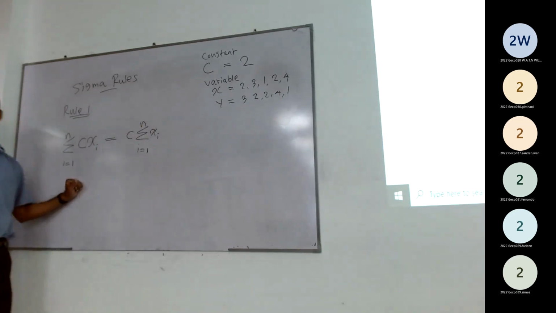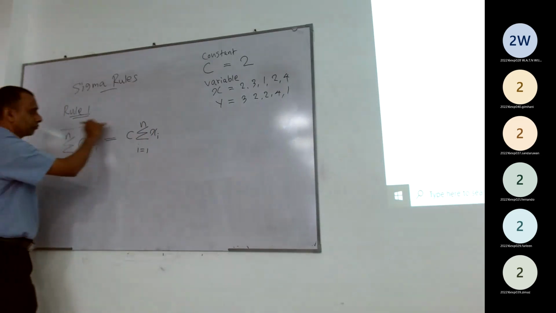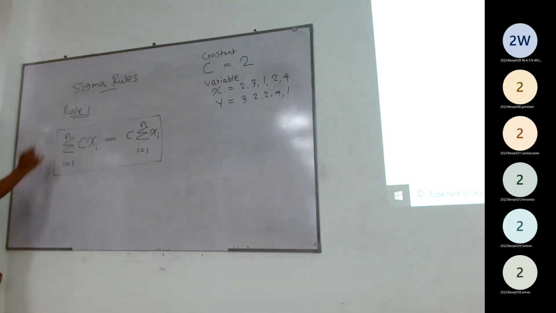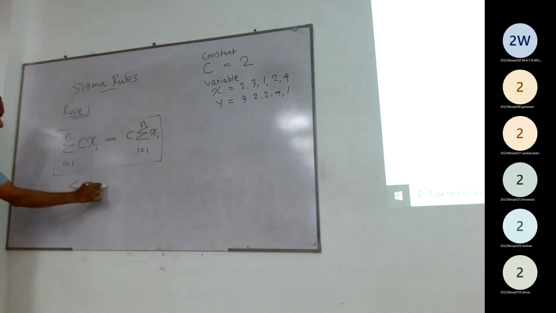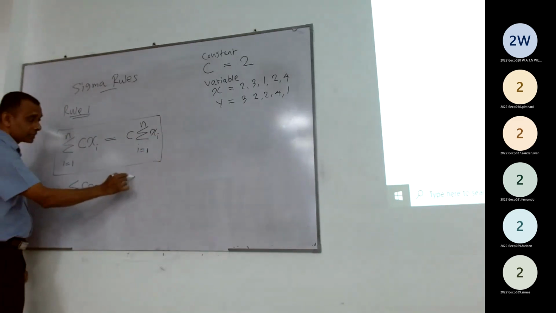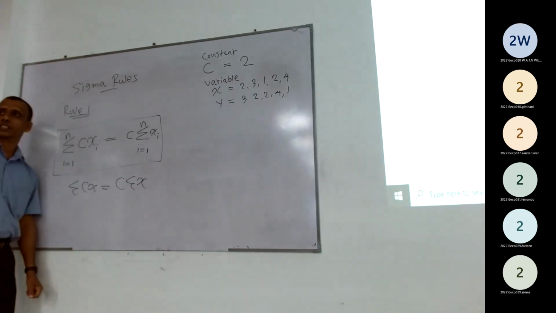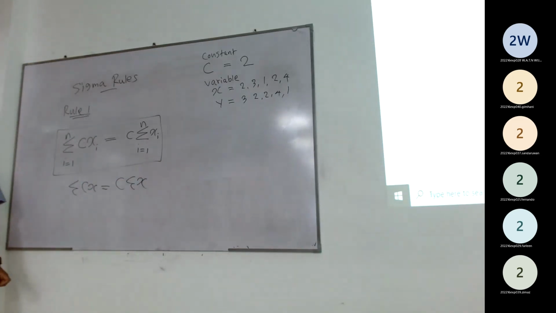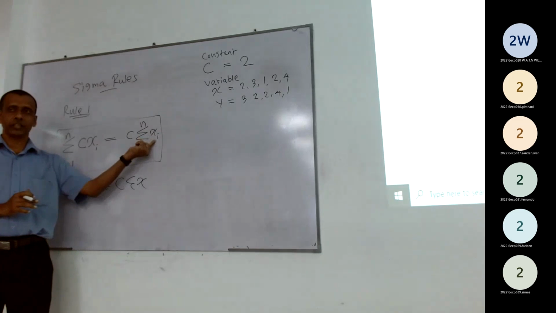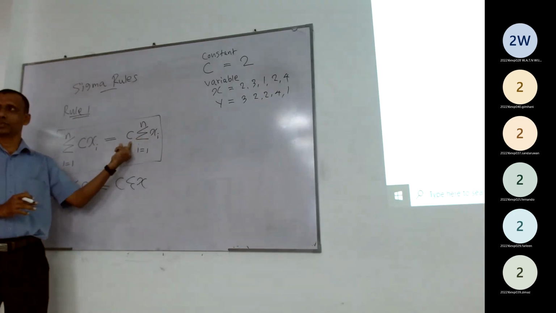See. Therefore, this is equal. Even though you are having sigma cx, that value is equal c sigma x. We can justify, we can prove. Variable is multiplied by a constant, take summation. That value is similar to summation of the variable multiplied by constant.